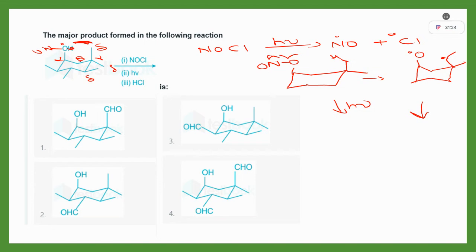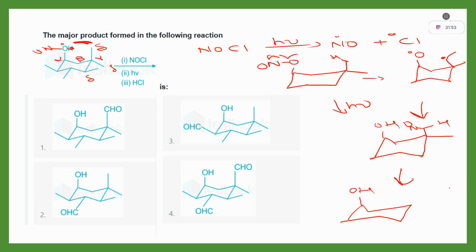Now this radical will combine with your H radical, so it will form alcohol. But students, here a radical is still there, which will combine with your NO, right? And at last after acidic workup it will change into aldehyde. Sorry for these structures as I am drawing from my pen tab.